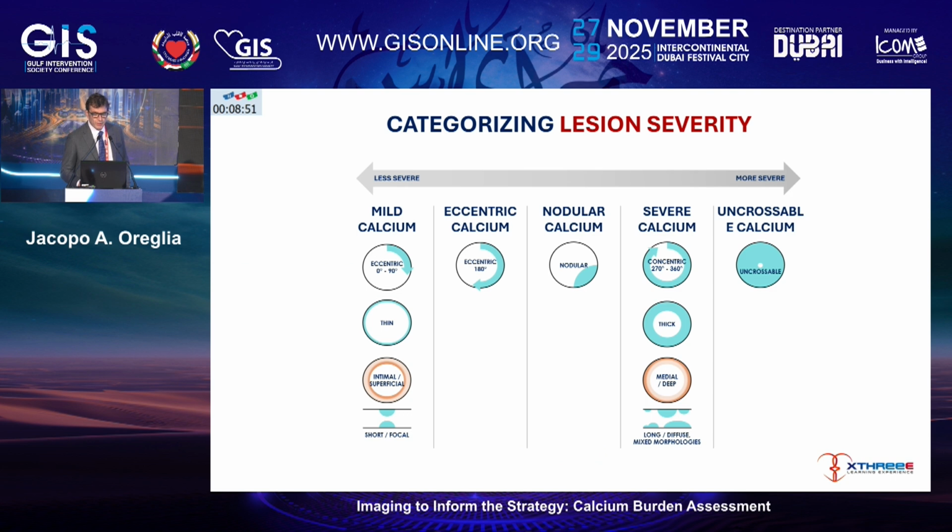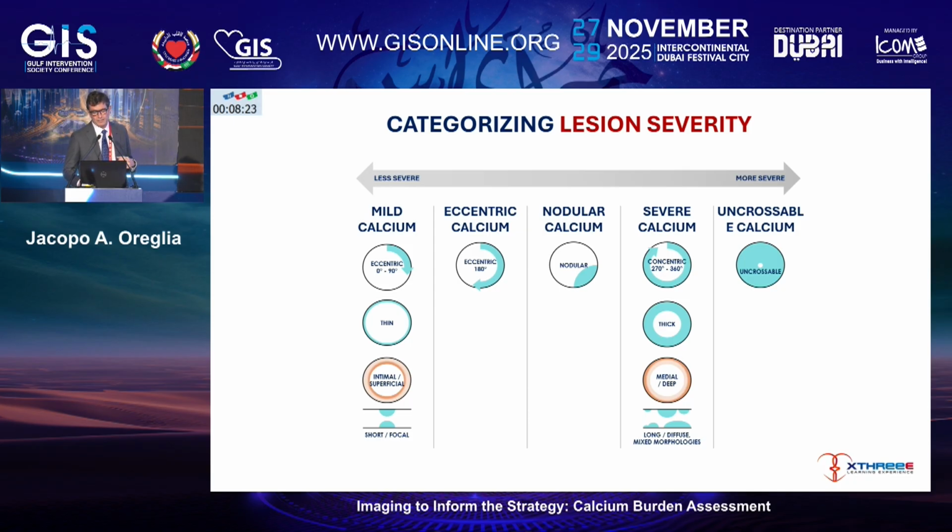So for example, we may have mild calcific lesions when we have a small arc of calcium, when we have thin calcification, when calcium is intimal or superficial, and when the length of the calcifications is short. And then we can grow with more diffuse eccentric calcifications that overcomes 180 degrees, or when we have nodular calcifications.